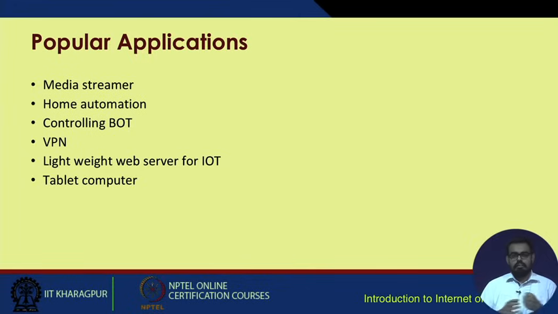So some basic and very popular applications you'll come across on the internet for Raspberry Pi based systems. Mostly they are media streamers, home automation systems, controlling a bot, virtual private networks, a lightweight web server for IoT. So instead of having a dedicated big server for running IoT based applications, suppose you want to install a small IoT network in your home, maybe for home automation or home monitoring, you can obviously go for a Raspberry Pi based system.